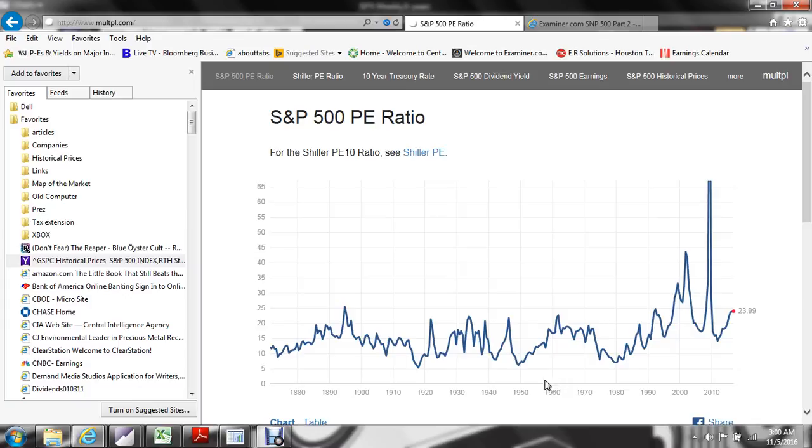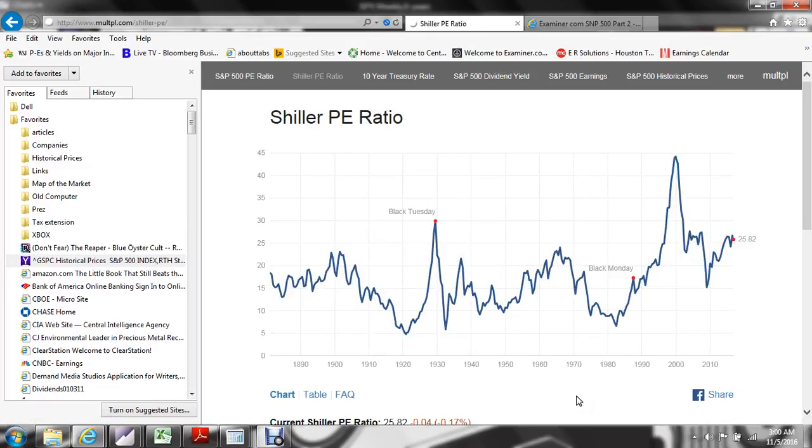It was fewer companies. We'll look at the Shiller, which also shows this high. There's only a few times that the S&P has made it higher than where we are right now. So this leads you to think that we could be near a top.